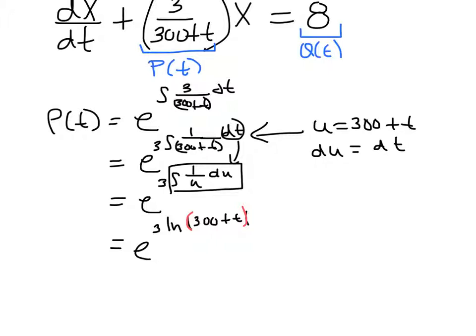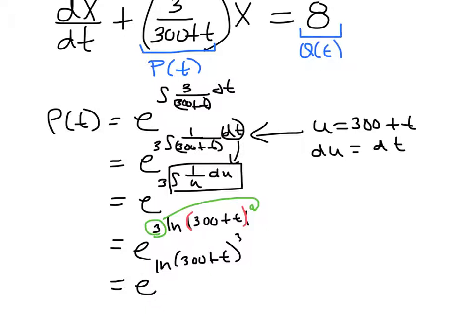And then this is very nice because we have a natural logarithm, so we can use any logarithmic properties that we know. We know the power rule for logarithms, so I can move this 3 to the position of the exponent, and then we have e raised to the ln of (300 plus t) cubed.